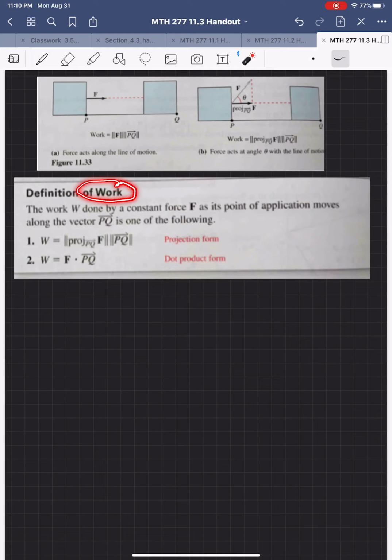So let's start with the definition. We say the work, which we're going to use W, done by a constant force, F, as its point of application moves along the vector P to Q, is one of the following.